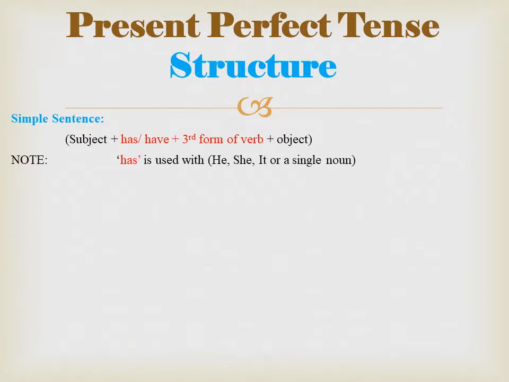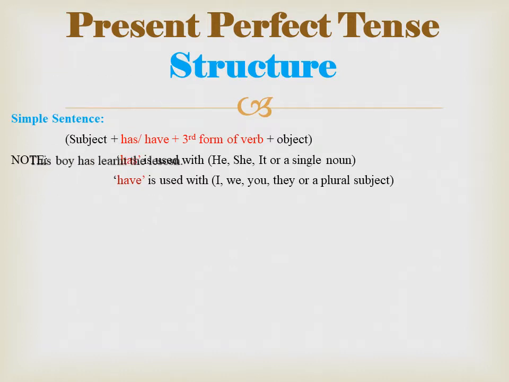Please note that we use has when the subject is either he, she, it, or a single noun, whereas have is used if the subject is either I, we, you, they, or a plural subject. For example, this boy has learnt the lesson. Now this boy is a single subject, that is why we have used has, and learnt is the third form of the verb.